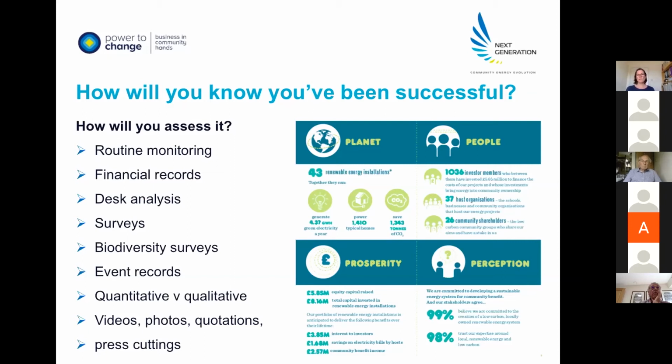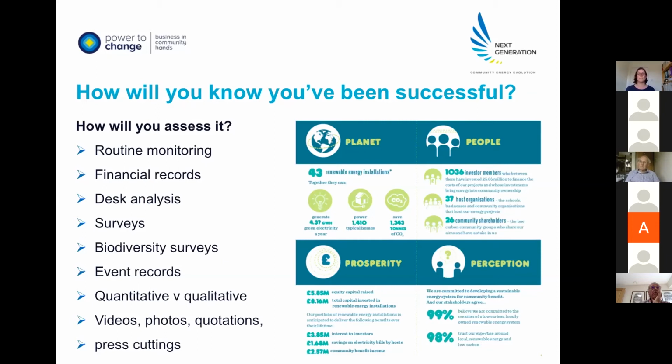So there's lots of monitoring that's already happening for you guys in terms of your generating assets. You might also be looking at your financial records, doing desk analysis, surveys, biodiversity, so that local impact on ecosystems. Having a baseline survey is something I understand is going to be carried out at each site. So that's brilliant.